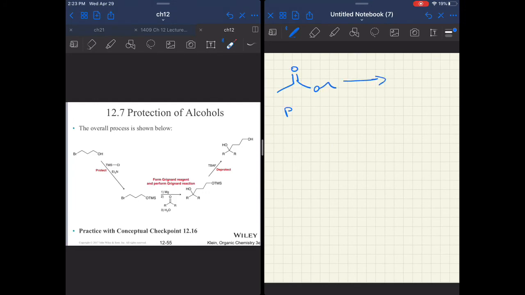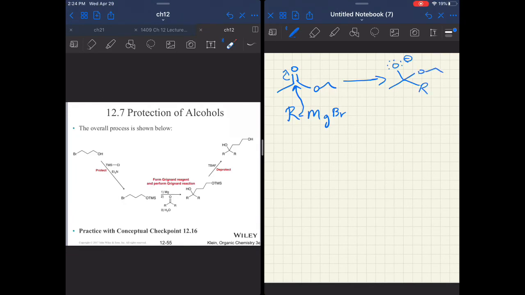And so if we were to look at that mechanism, it's going to start off very similar. Here we go. R, MgBr. We're going to attack and open that up. You always open up that double bond first. So then we're going to have the O minus. We have our O ethyl and our new R group.